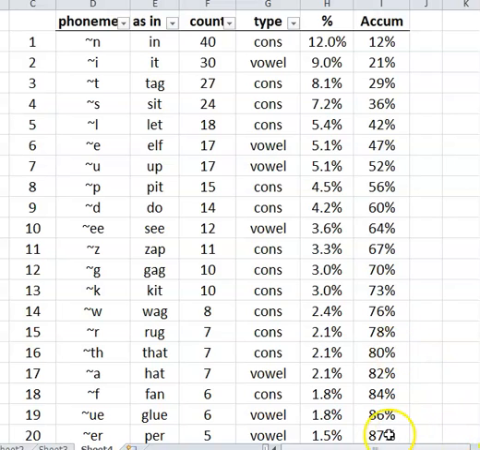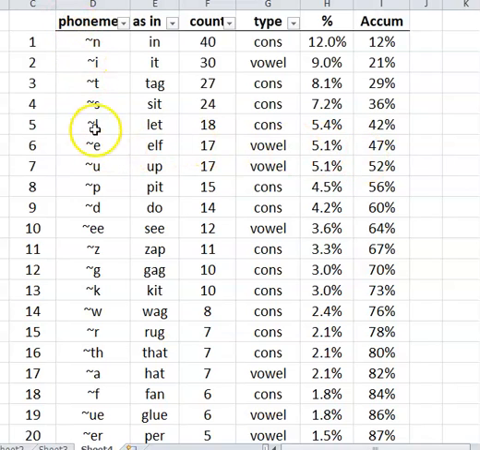And if you look at the top 20, this is a cumulative frequency here. You get 87% are in the top 20, and there are 40 phonemes, so the top half has 87%. The top 7 gave 50%, and the other 33 give the other 50%.